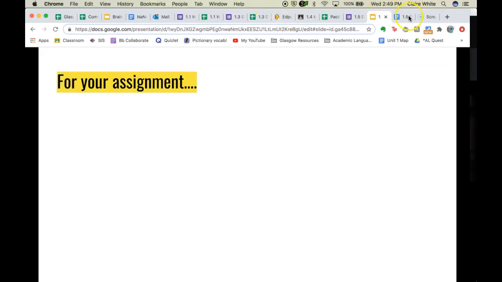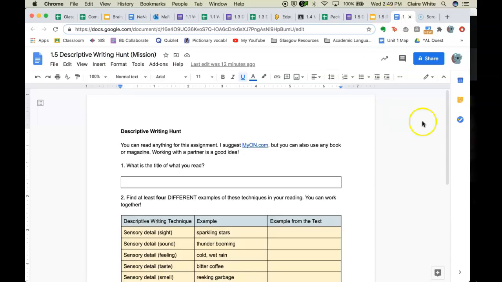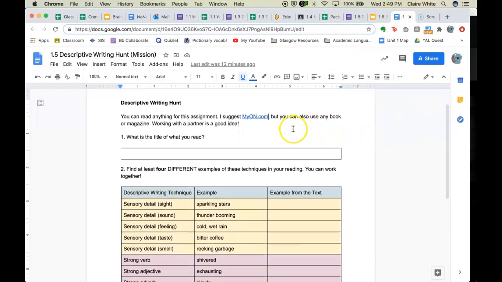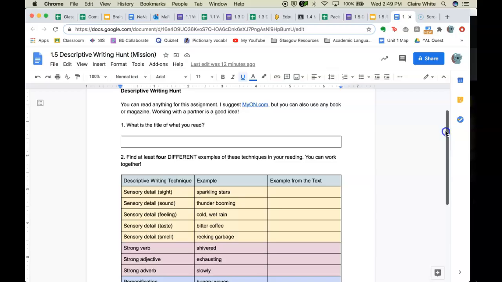Okay, for your assignment, you are going to find something to read. I suggest going on to Mayan and looking at your favorites. It might be easier to do this with fiction than nonfiction, but good writers use these techniques in whatever they write, so you should be able to find them anywhere.